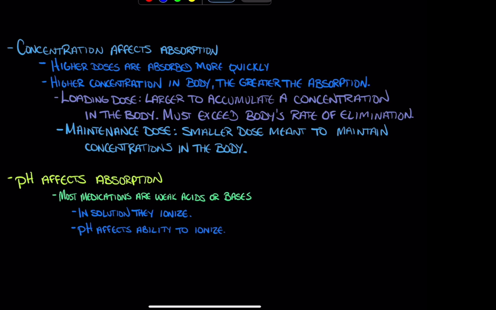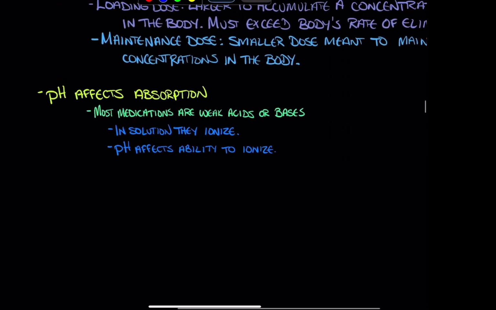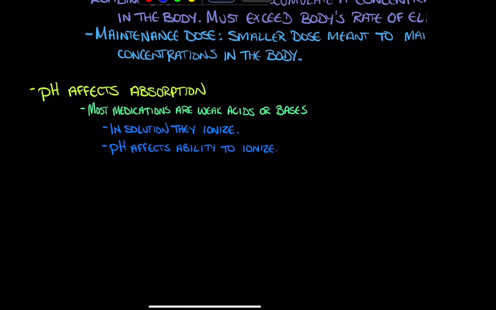A maintenance dose, on the other hand, is a smaller dose that's meant to maintain that concentration in the body. Typically it will match or be slightly above the elimination rate to keep that therapeutic concentration in the body. As with a few other things we talked about, pH will affect the absorption of medications. pH affects a lot of things in the body.